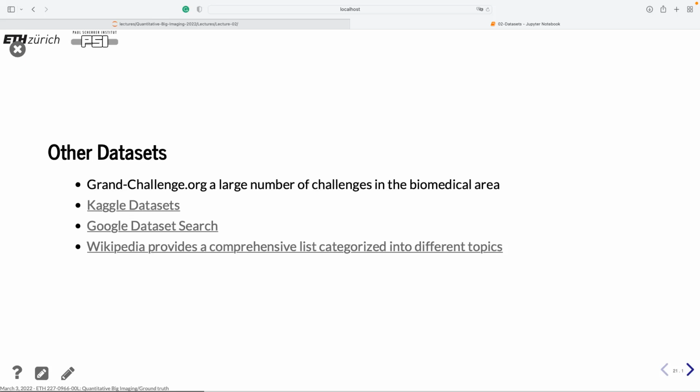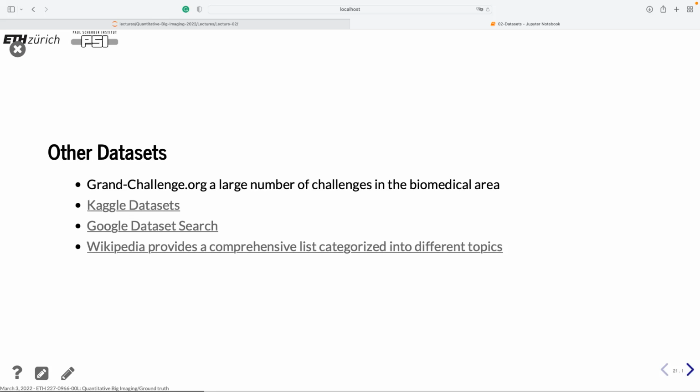Then there are, of course, a lot of other data sets available. There is this Grand Challenge site, which has a lot of challenges in the biomedical area. Kaggle is kind of a competition data portal where you can get a task and try to solve it in the best way. Sometimes you can even win some money if you're really good.